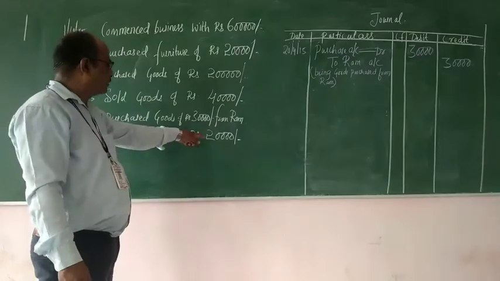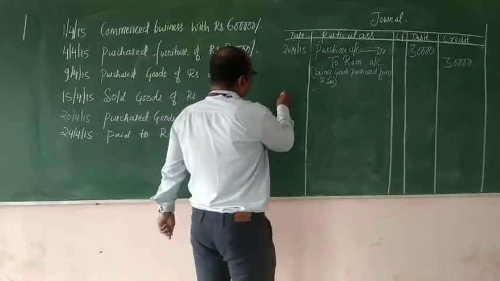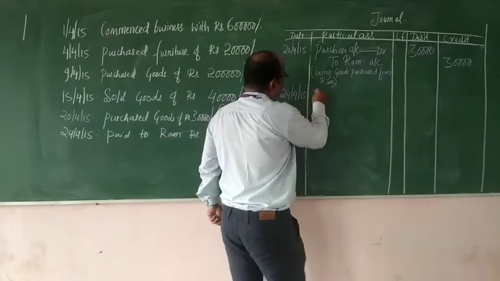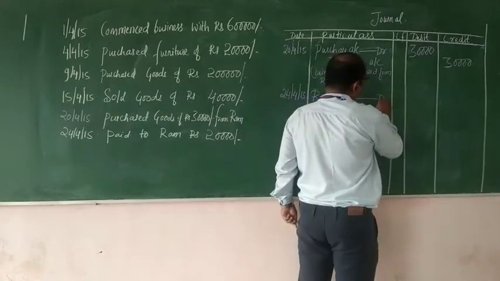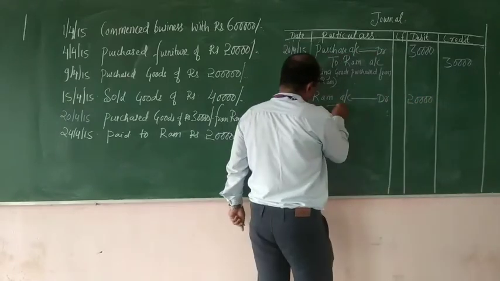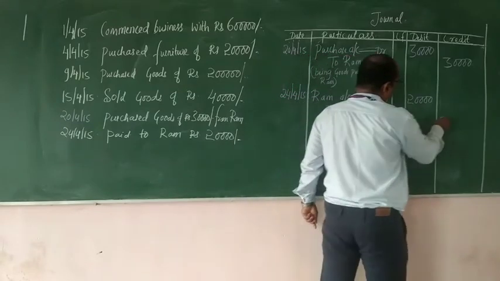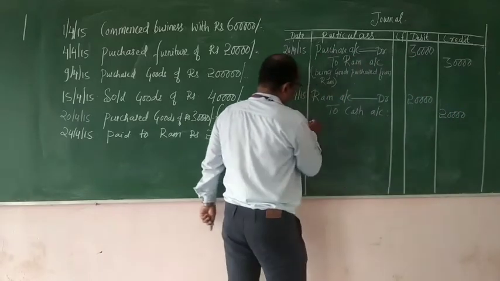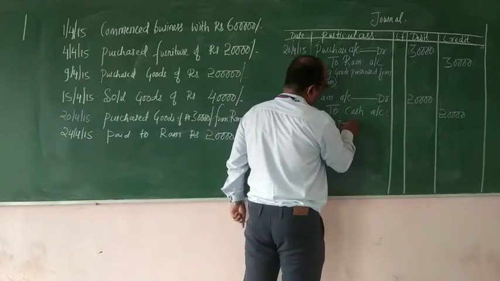This is a real account and this is a personal account. So here Ram account will be debited because he is the receiver. So Ram account debit 20,000, to cash account. Write a short description of this: being paid to Ram.